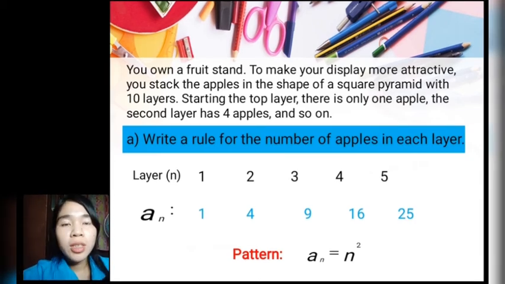So, when we square the 6, it will become 36. When we square the 7, it will become 49. When we square the 8, it will become 64. When we square the 9, it will become 81. Then when we square the 10, it will become 100.